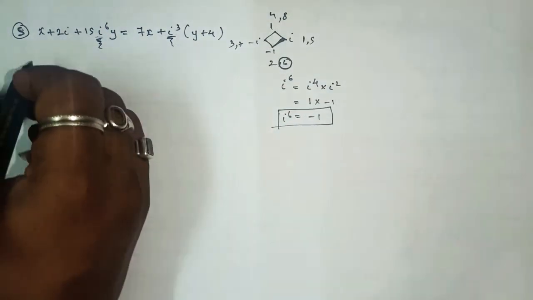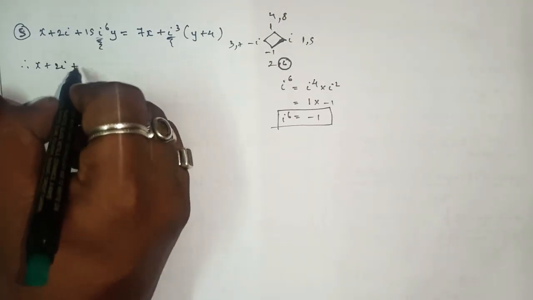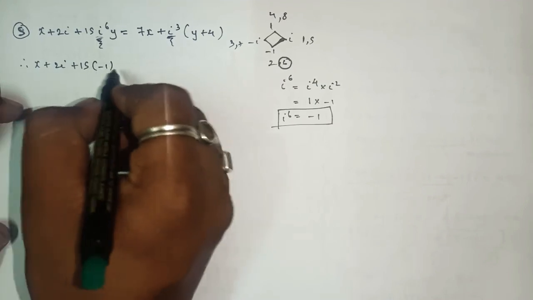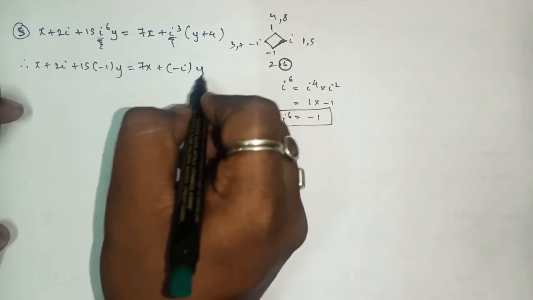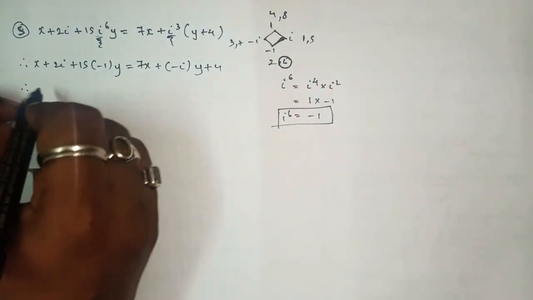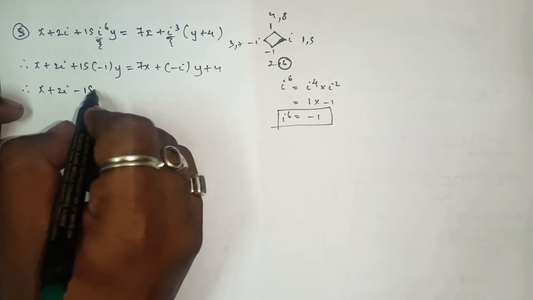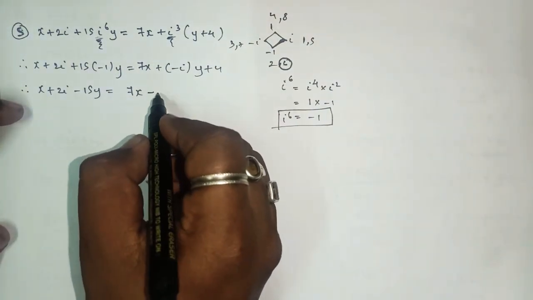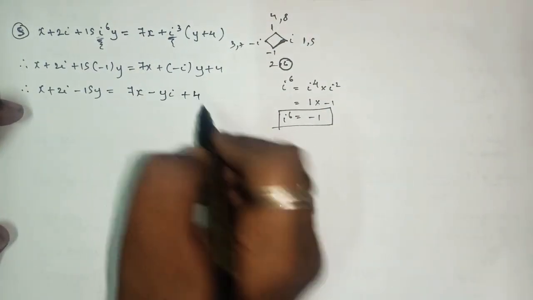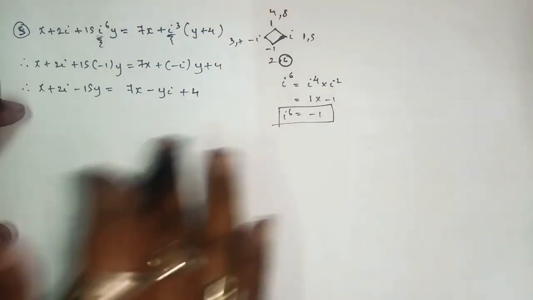So simply we'll replace the values first. x plus 2i plus 15 into minus 1 into y equals 7x plus minus i y plus 4. Yes or no? So here this will be x plus 2i plus minus 15y equals 7x minus yi plus 4. I hope you all understood this step.